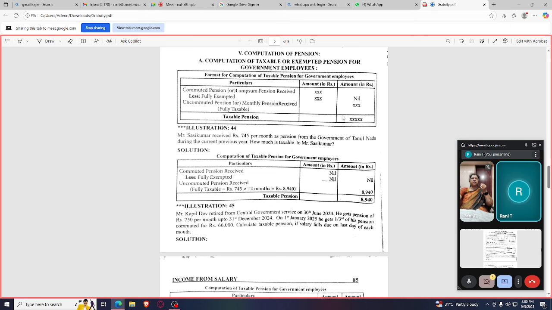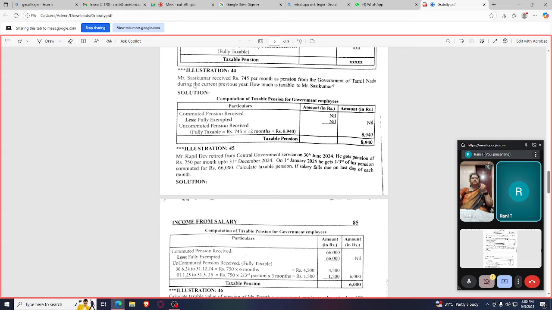So, what will be the taxable pension? If you are getting pension monthly, then that pension amount for the accounting year will be taxable. When we go to the problems, you can understand.